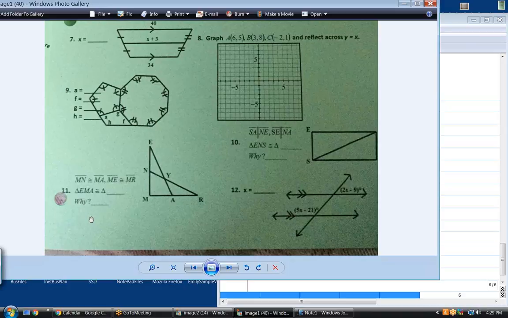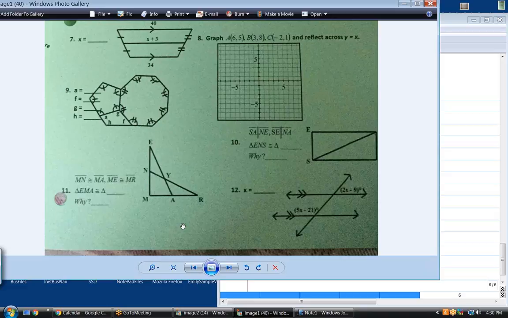On number 11, EMA, this angle right there. Let's see. First of all, they're telling us that MN is congruent to MA and that ME is congruent to MR. Interesting.